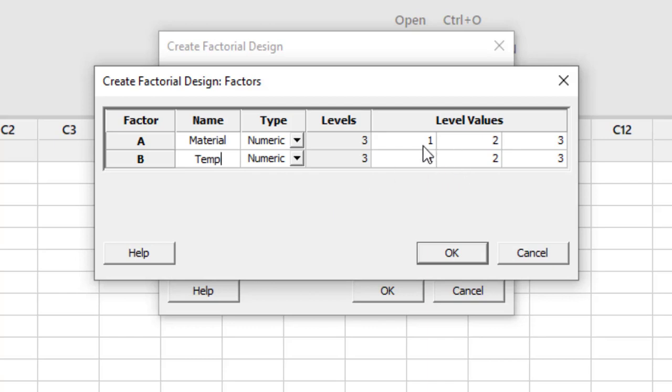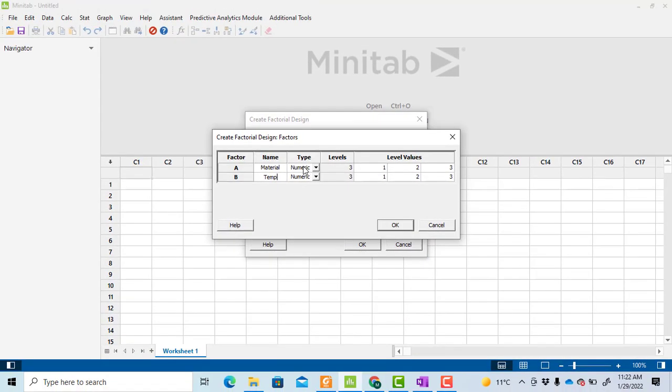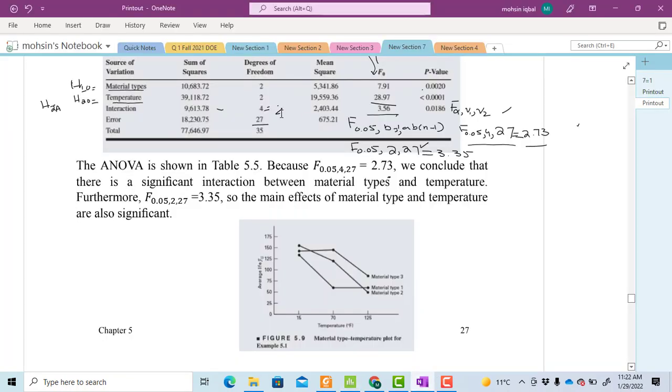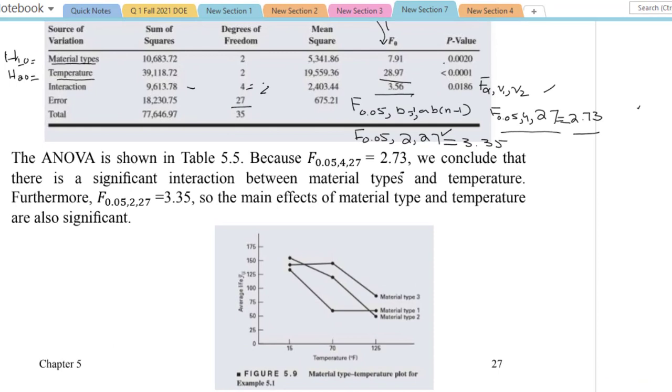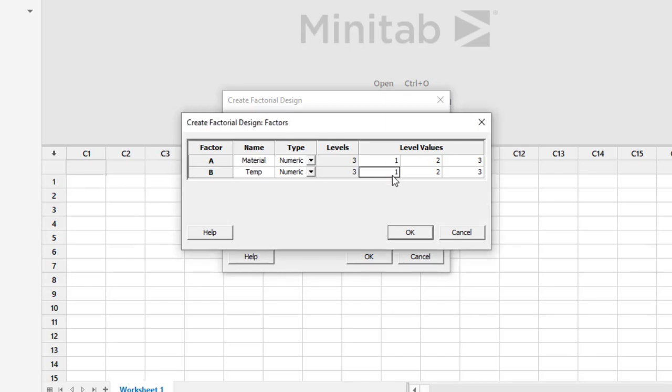There are 2 options for you, either to write 1 2 3, or to write the exact values. For the material I have 1 2 3, whereas for the temperature I have the values. Let me check the previous slide, where the values were provided: 15, 75 and 125.